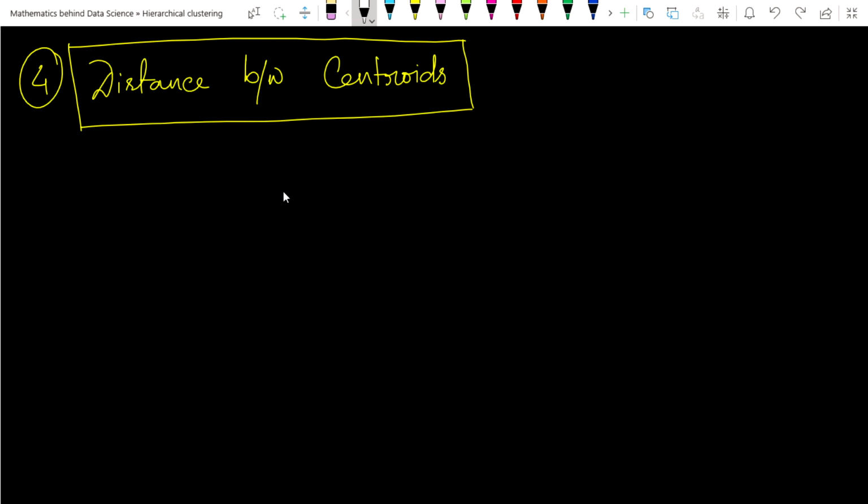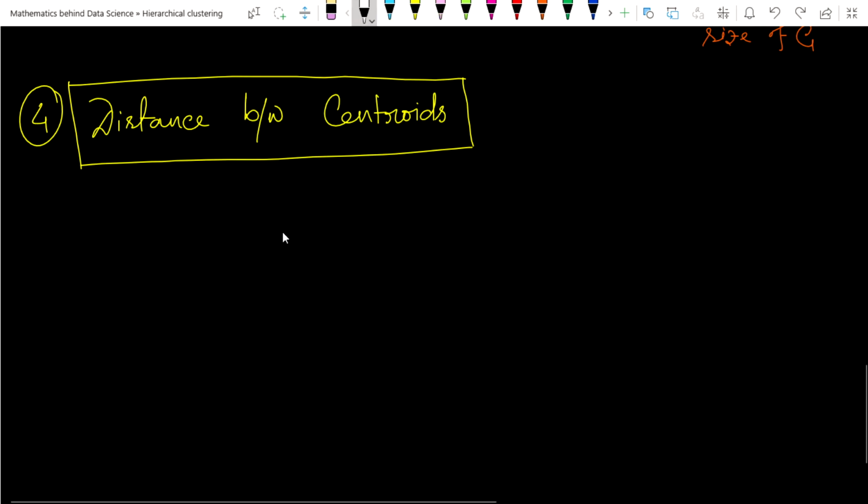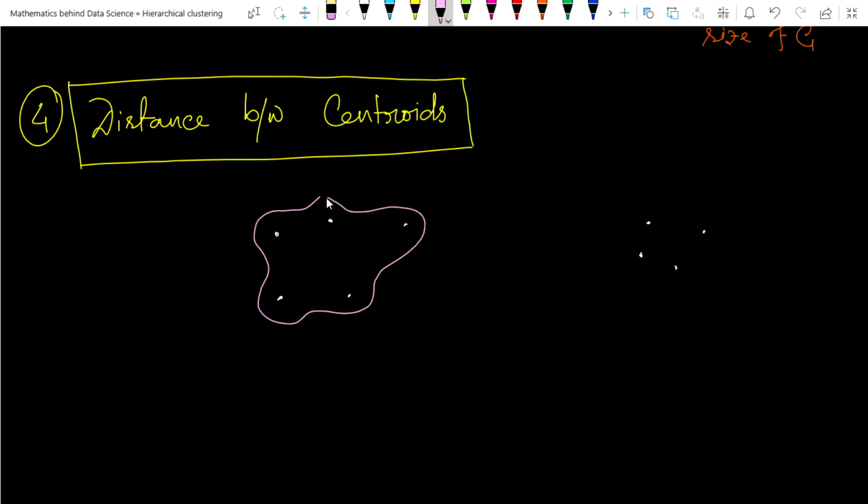So let's draw the same picture again. It will be better to understand. Suppose these are the data points that we have, these 4 data points. After some iterations, these data points make some clusters. Now first we have to compute the centroid. Suppose using some technique, we find these are the centroids.